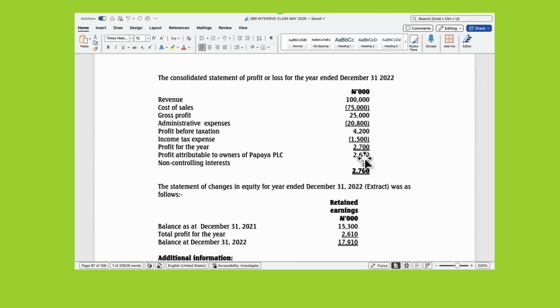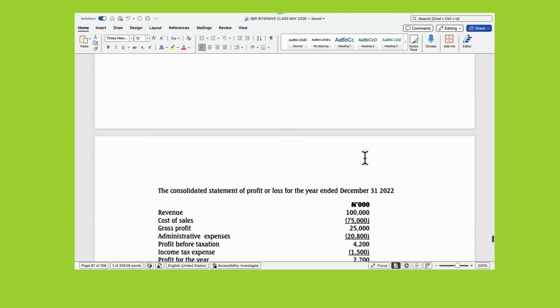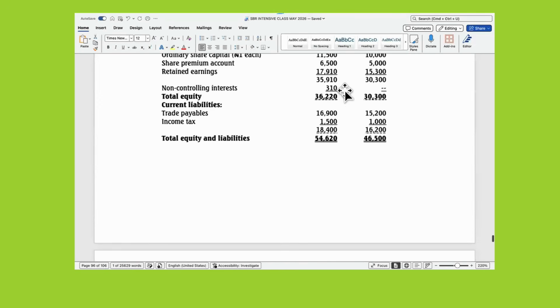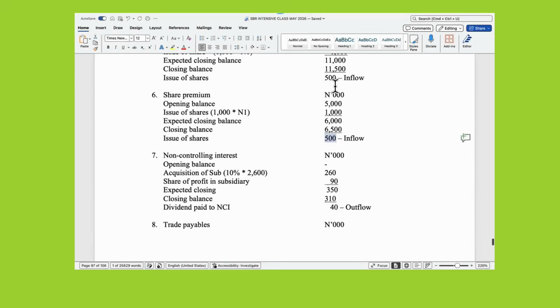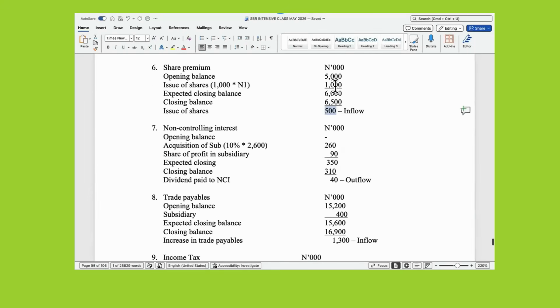So 90 plus 260 should be around 350. If I compare that with this closing of 310, it decreased because it paid dividend. So the difference is dividend paid to NCI, because it's usually a reduction in changes in equity. So I did a movement for you here in NCI.